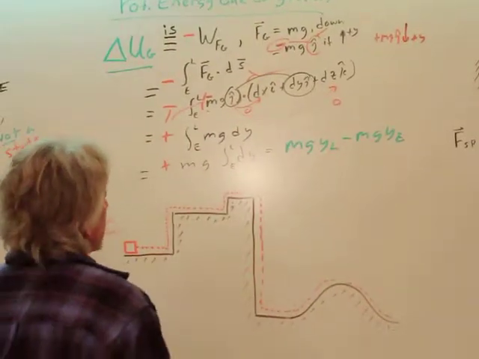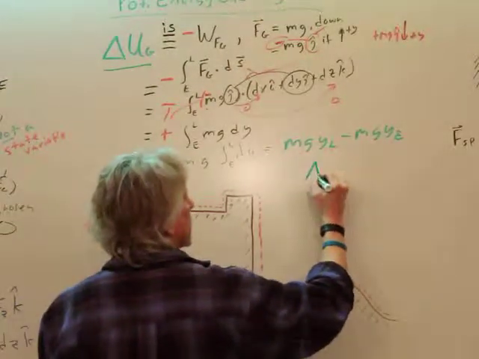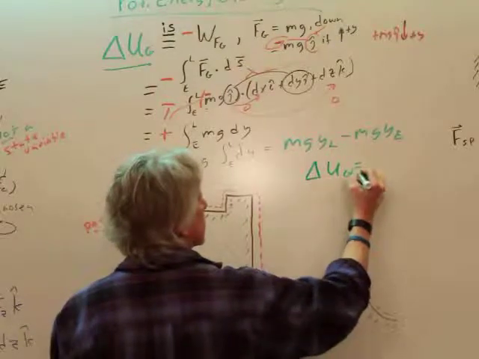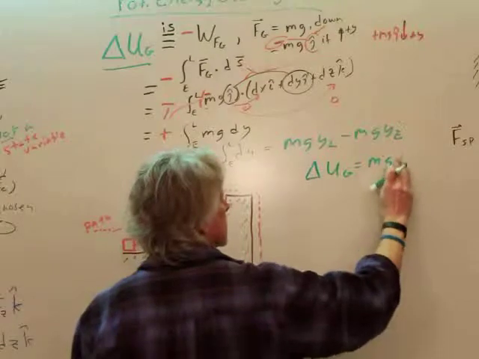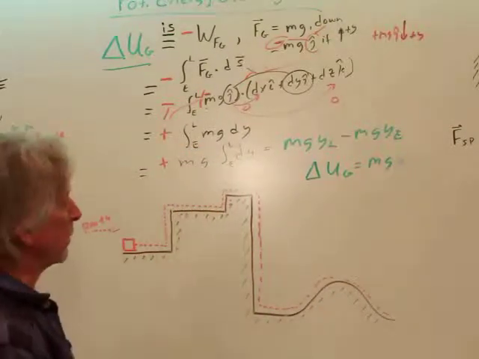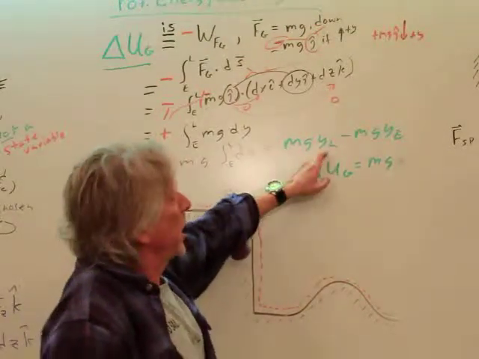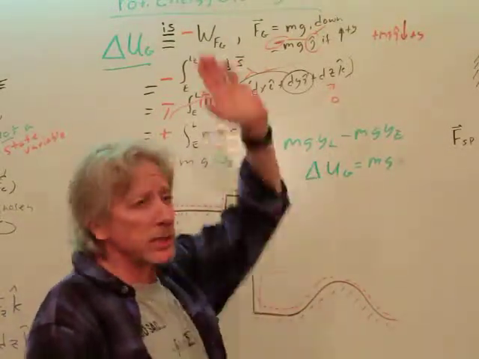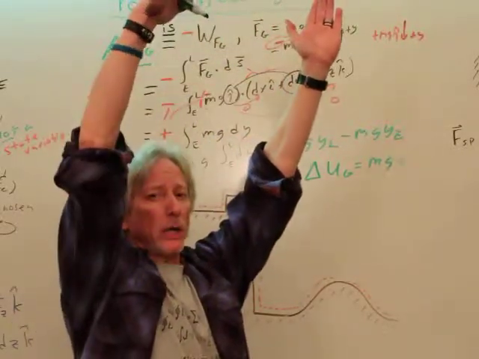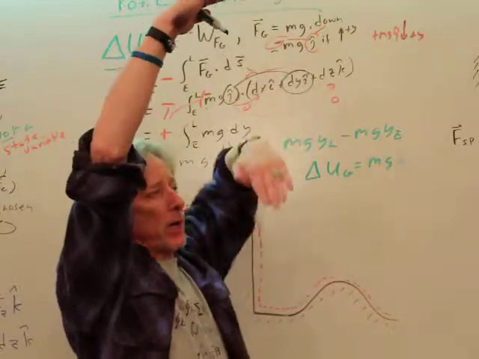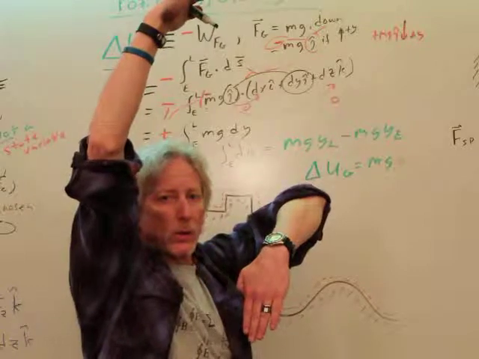And what I've got here as a conclusion is I can say that delta U of gravity is equal to mg y, no, excuse me, my punchline over here. What I want to emphasize is that if I call y positive up, then going up increases y. If I call y positive down, that gets a little bit funny. I still get more potential energy up here.